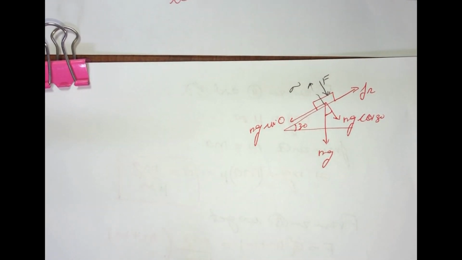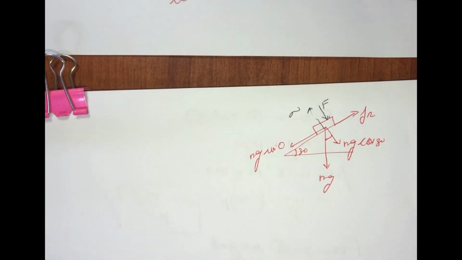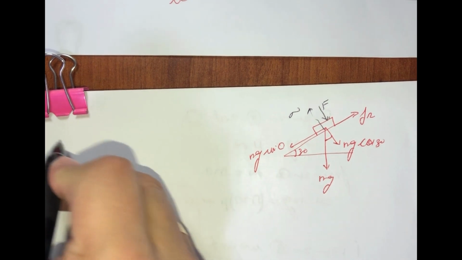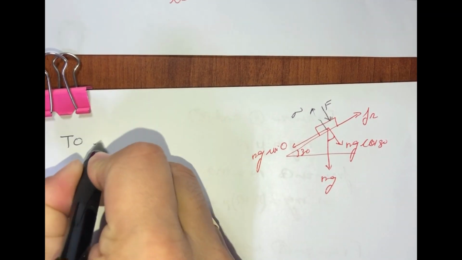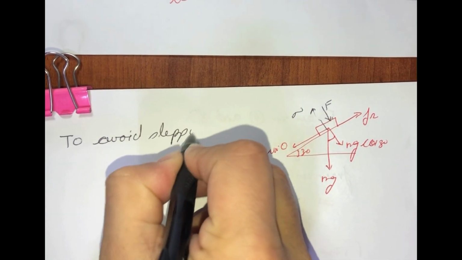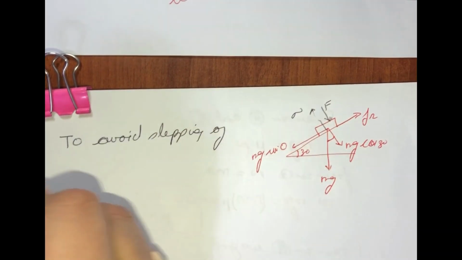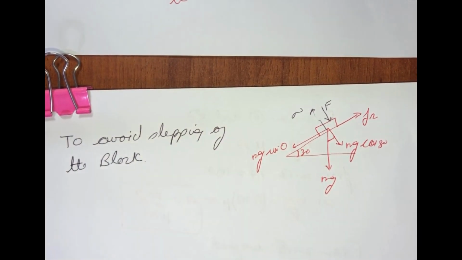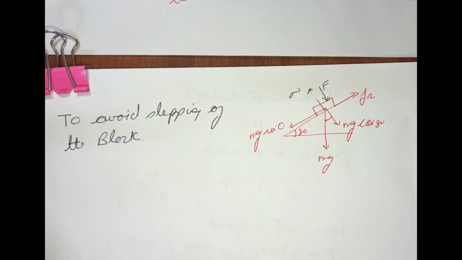Now it is said that the block should not slip. So to avoid slipping of the block, the downward component should be equal to the upward force.